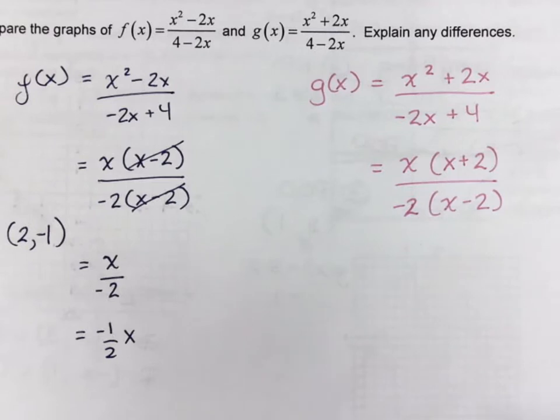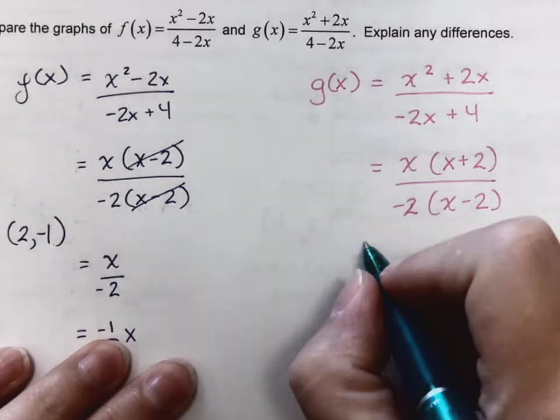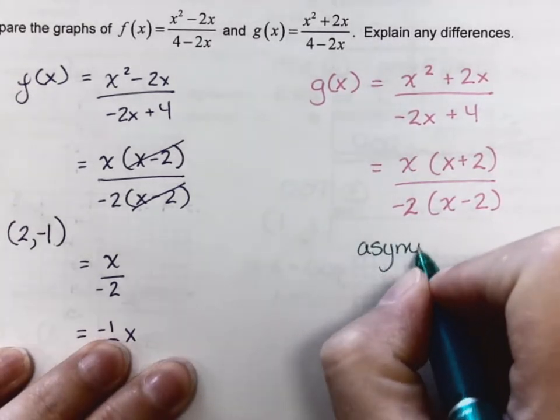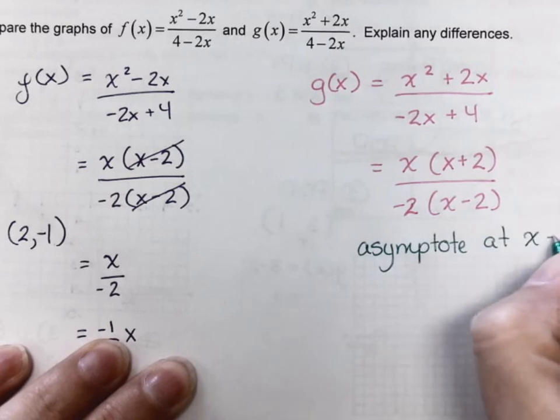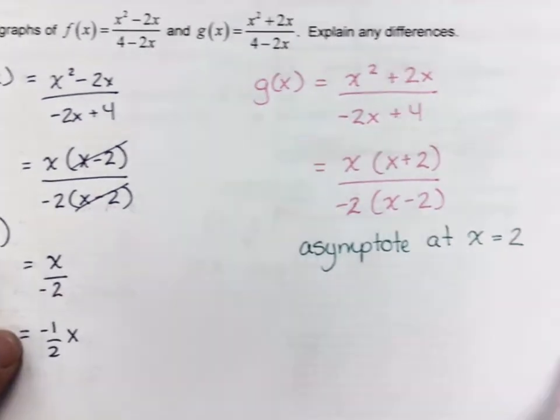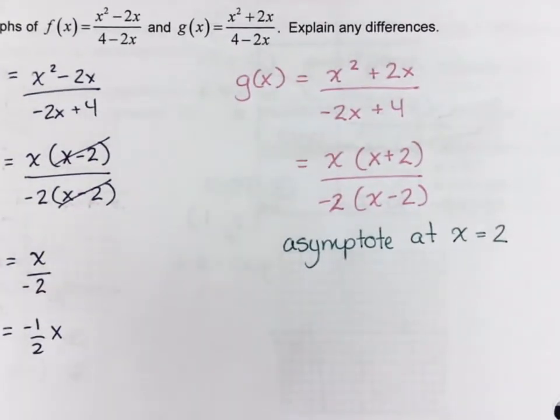Can I cancel anything out here? No, I can't. So do I have a point of discontinuity or do I have an asymptote? So we have an asymptote x equals 2, right? Because we didn't cancel out the bottom this time.